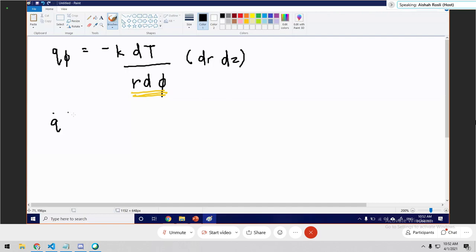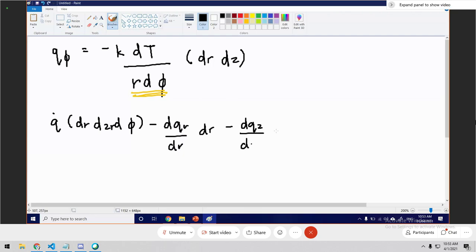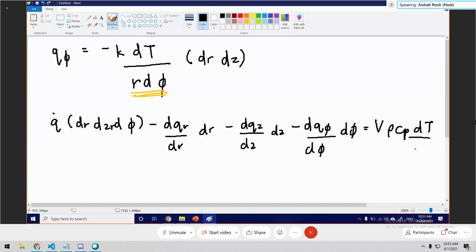So just now we have the equation Q dr dz r d phi minus dqr dr and minus dqz dz minus dq phi d phi equals the volume rho cp dT over d time.